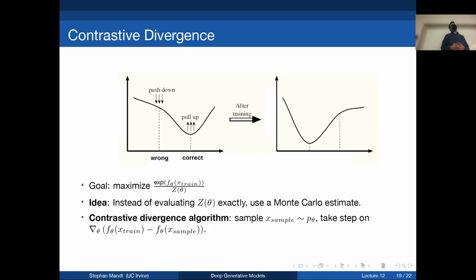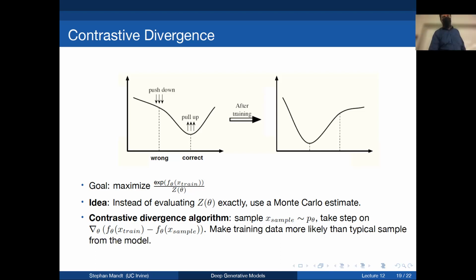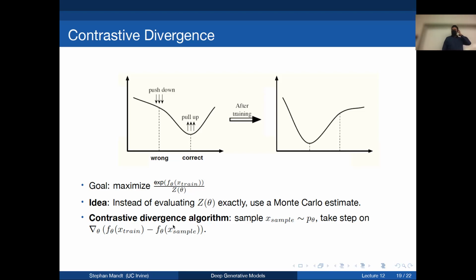Maybe some perturbations of the training data, which are definitely not good. Yeah. So the question was, why don't we use some sort of perturbations of the training data here that are definitely not good? And yes, there are probably alternative approaches to creating negative examples. They might, though, result in a biased version of the objective, but it might still be a good heuristic to train these models. So we'll discuss that later.